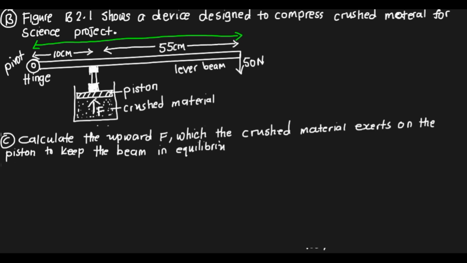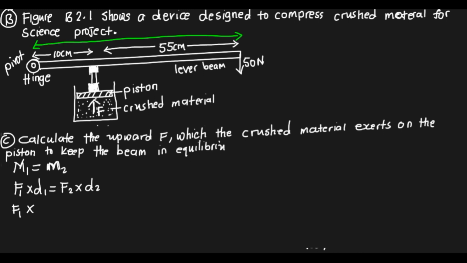So let's look at what we can say. So here we are going to say moment 1 is equal to moment 2. So moment is equal to force times distance. So here we are going to have force 1 times distance 1 is equal to force 2 times distance 2. Now we'll consider the upward as moment 1. So moment 1, we are solving for force 1 times the distance. Now for this moment we'll consider this distance from here up to here, so it's just 10.